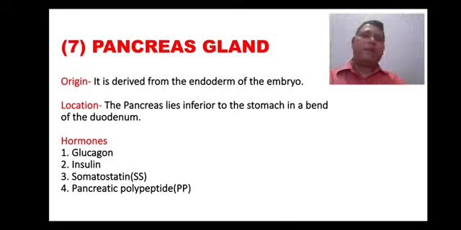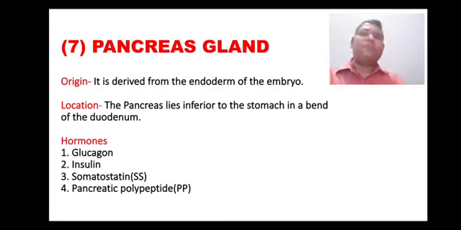Hormones of the pancreas and their roles. Number 1, glucagon stimulates the liver to convert stored glycogen into glucose.